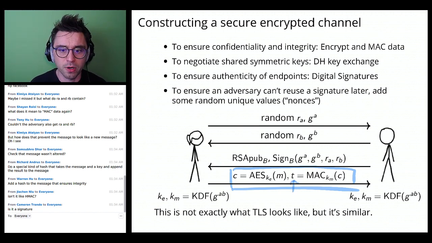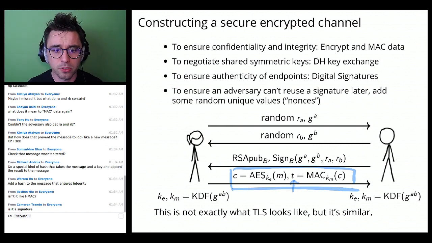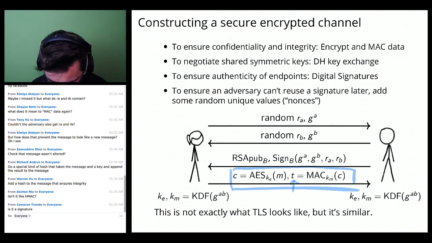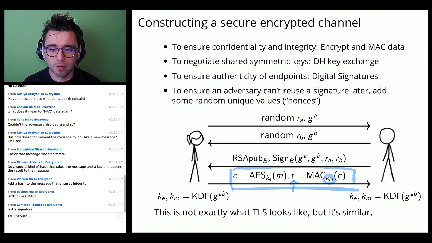Or the authentication code. We're going to use those interchangeably. So it's basically impossible to compute one of these tokens without having the secret key KM. So as long as KM is secret, only Alice and Bob can MAC messages that they'll agree on.